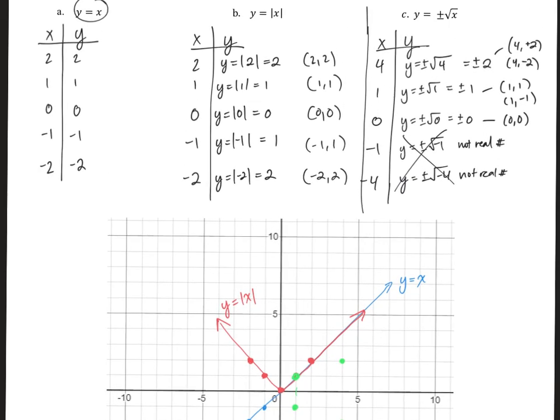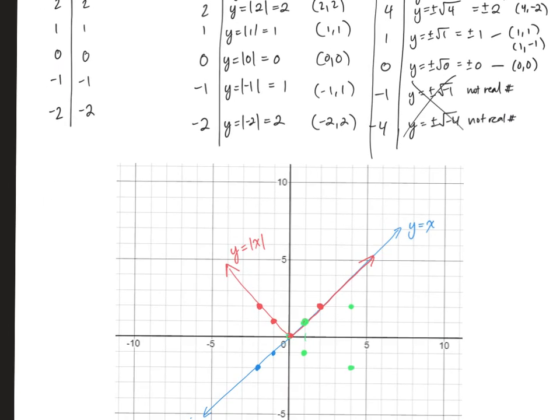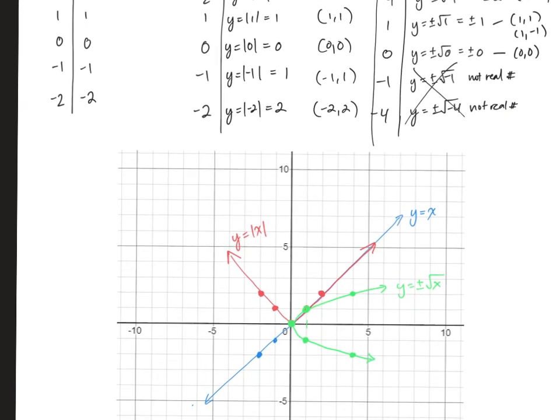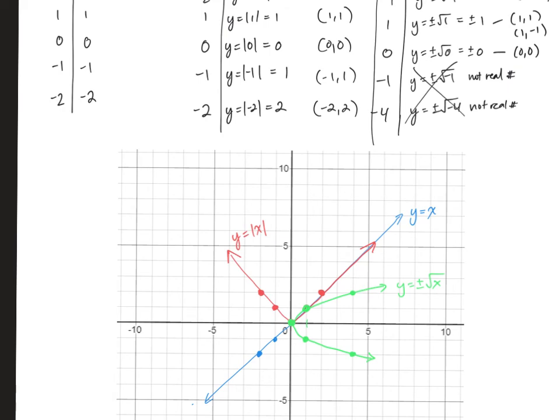And lastly, we had the point 0, 0 at the origin, just like the others. So this one actually ends up giving me a sideways-looking parabola. How interesting. And there we go, using a table of values to sketch a graph.